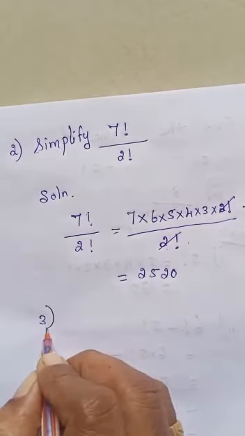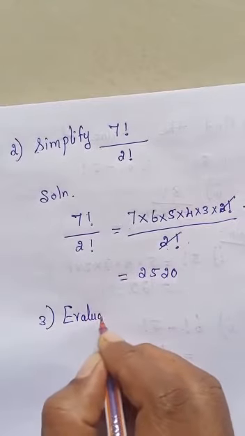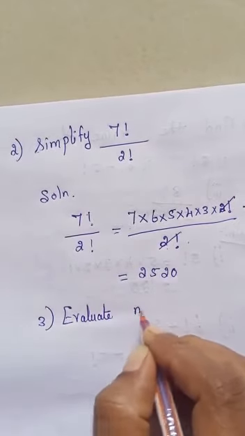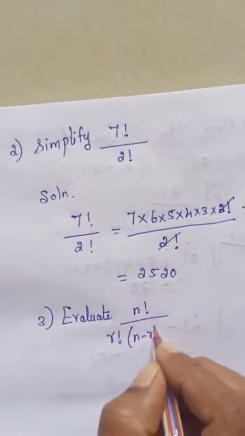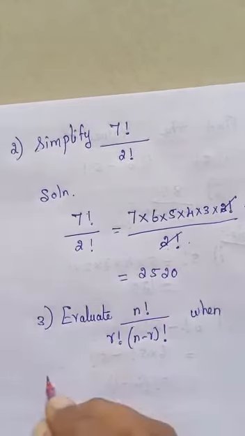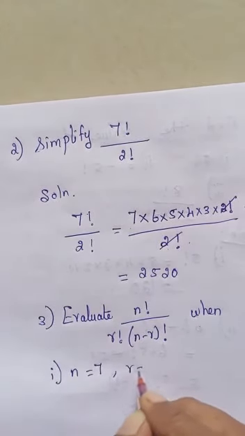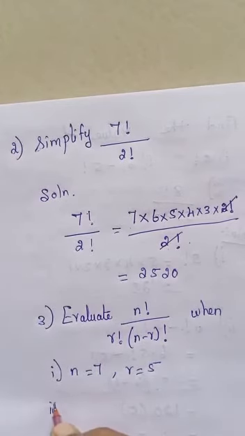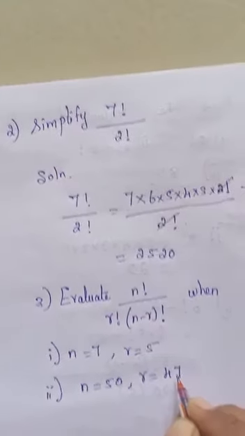Now problem number 3. Say, evaluate n factorial by r factorial into n minus r factorial when subdivision 1 n equal to 7 comma r equal to 5, and subdivision 2 n equal to 50 comma r equal to 47.